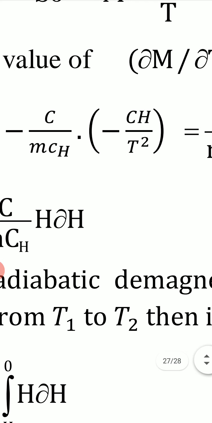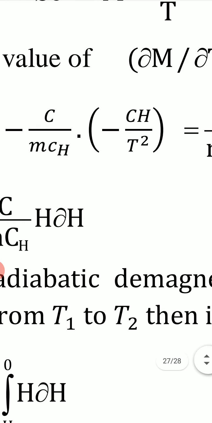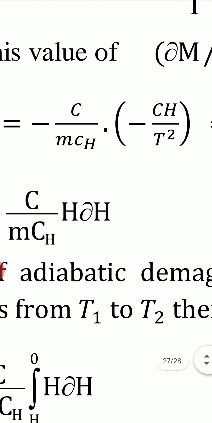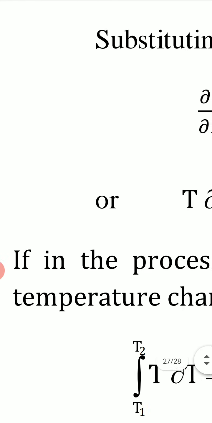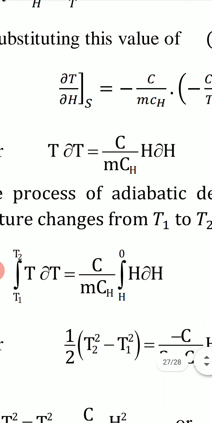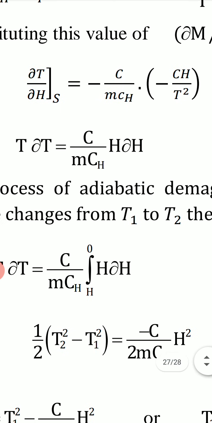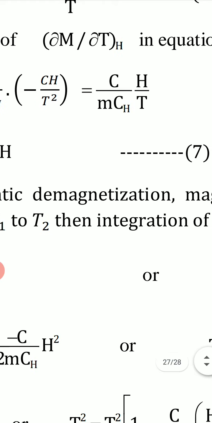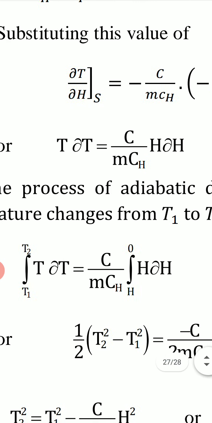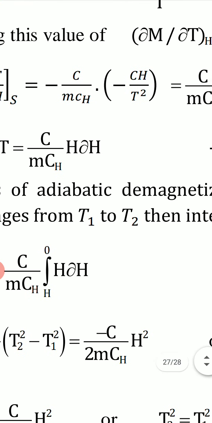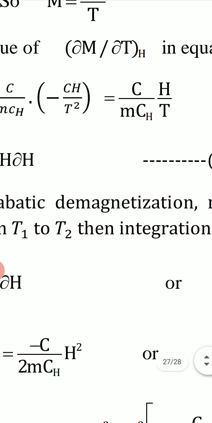One we write as capital C, which is Curie's constant, and the other is C_H, which is specific heat at constant H. So this becomes equal to C upon m C_H, H upon T. Now we write the term of T with delta T and the term of H with delta H. Take this T to the left hand side, so it becomes T delta T, and delta H from the left hand side we take to the right hand side, so it becomes C upon m C_H, H delta H.